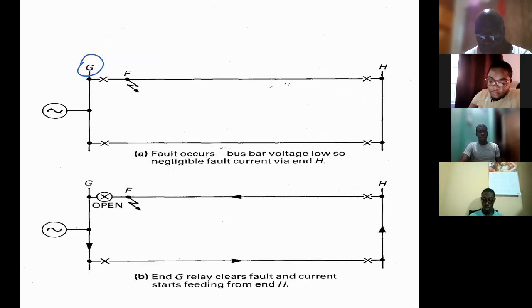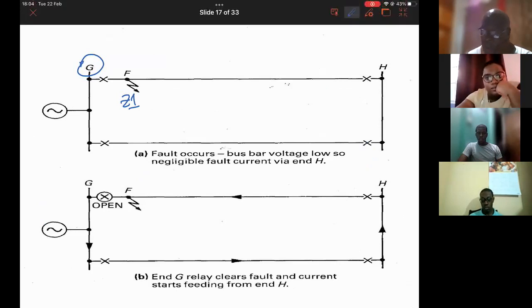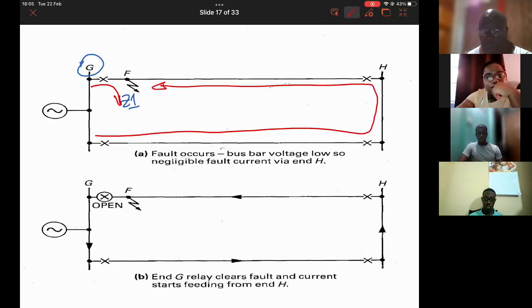With the fault closer to G, this would obviously be a zone 1 fault from G. However, at the time of this fault, because you have current contribution into the fault, you'd have current from G into the fault, but you'd also have current from H into the fault.